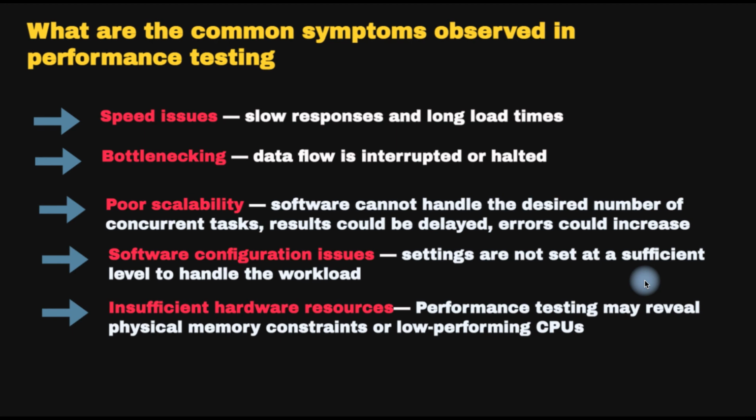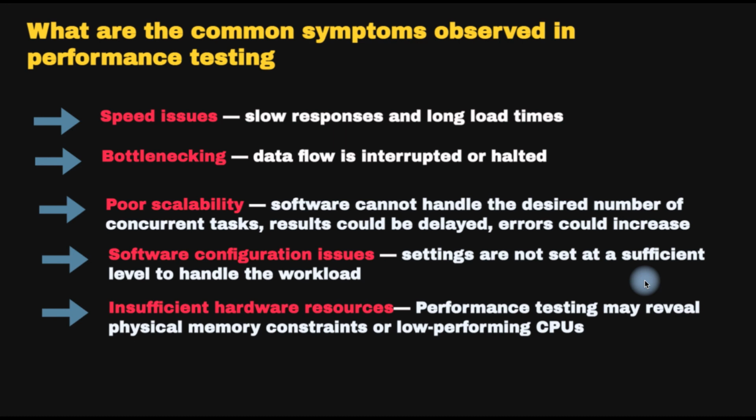If you find a speed issue, you definitely need to report it. Next is bottleneck, where data flow is interrupted or halted because your API is not able to take more load. That is called bottlenecking. If you see your API bottlenecking, you definitely need to highlight that issue.